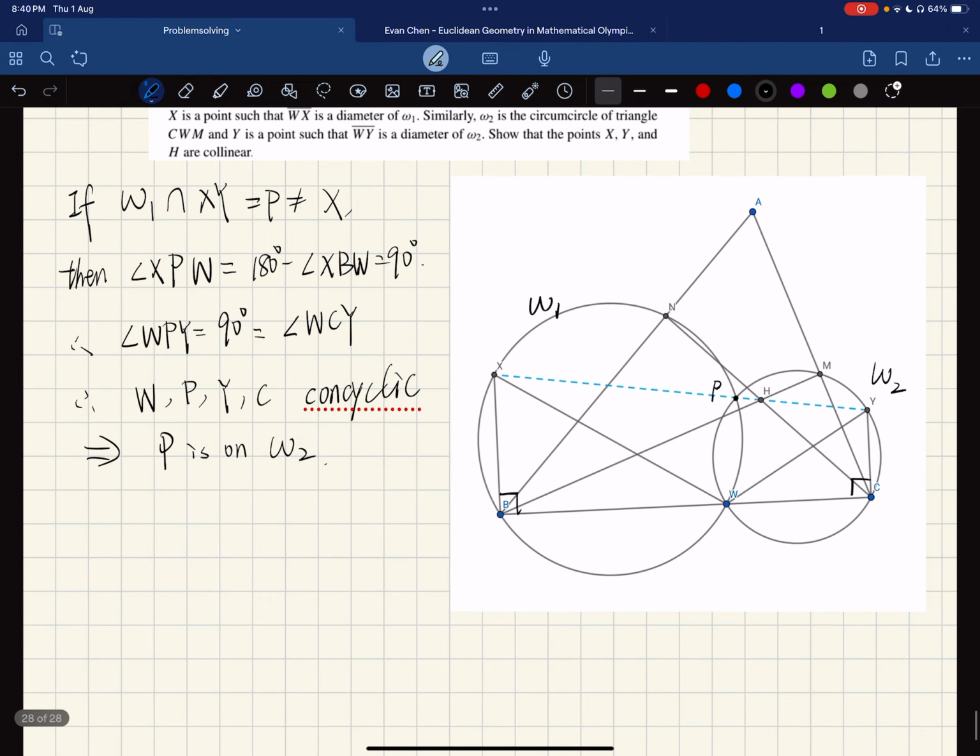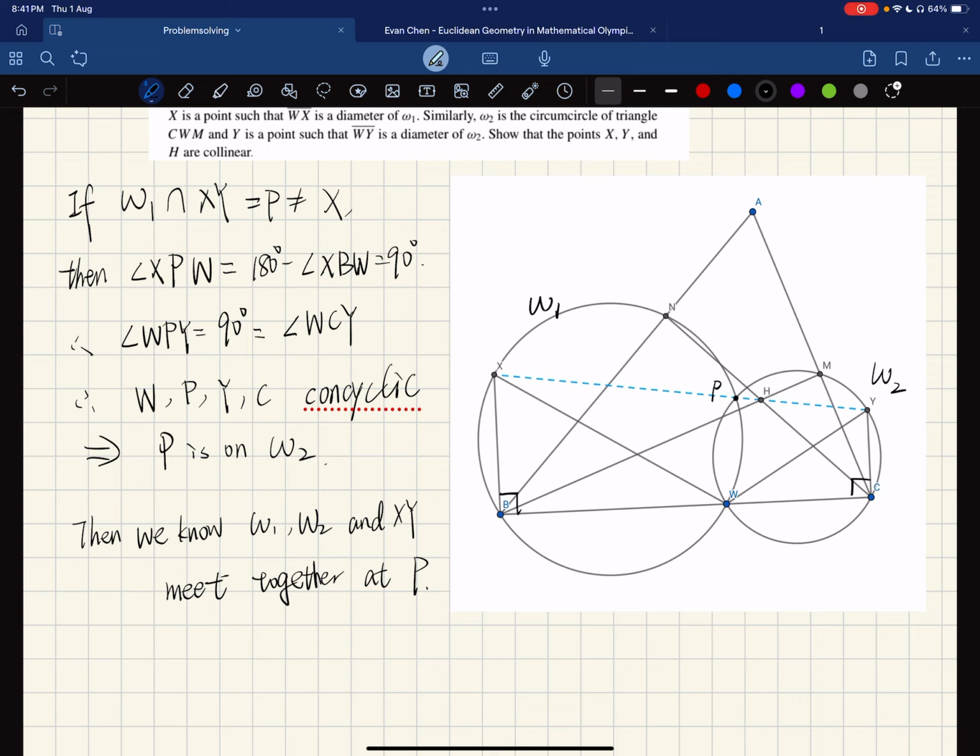Then we know omega 1, omega 2, and XY meet together at P. So P is actually on the line XY.